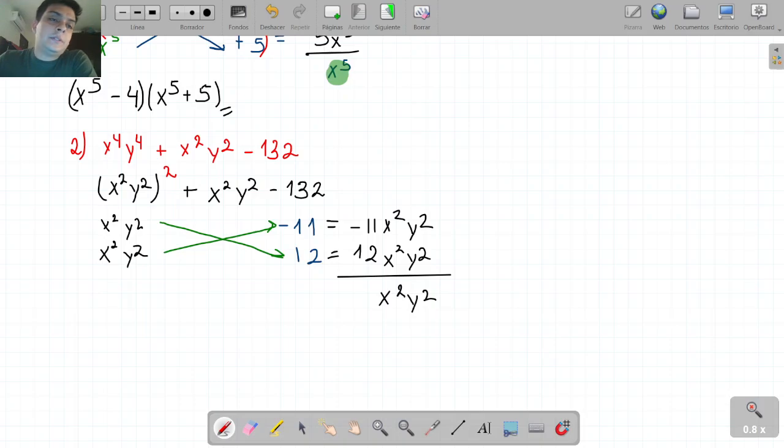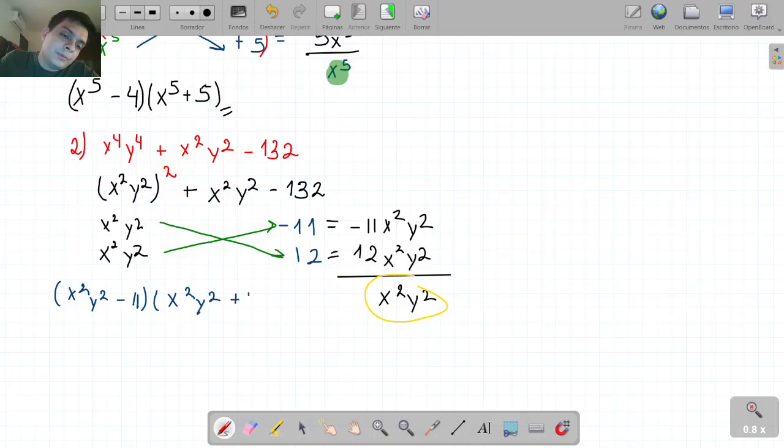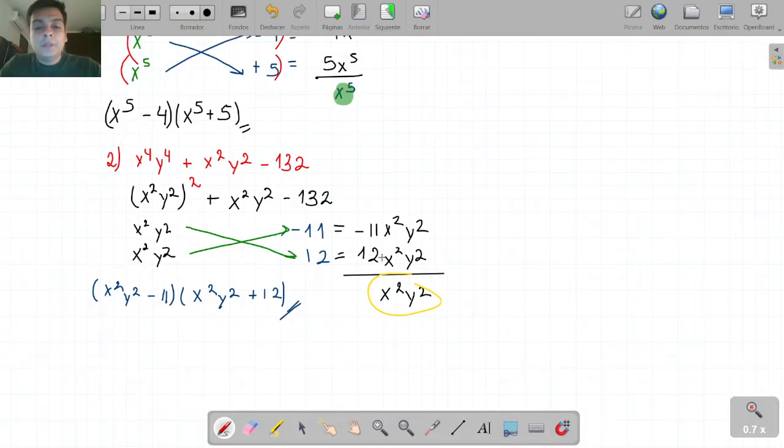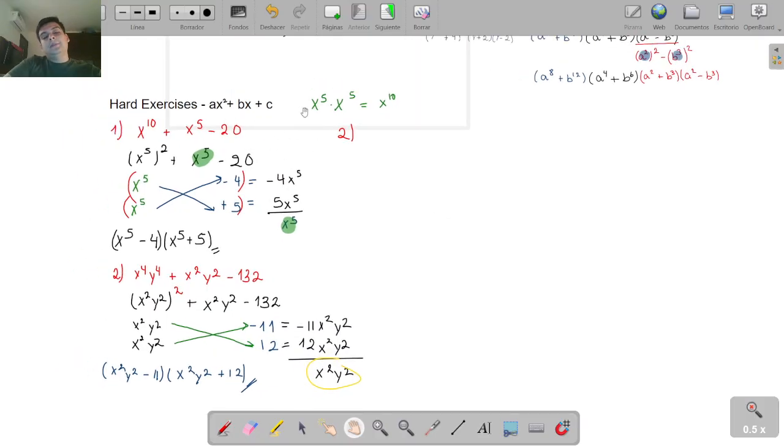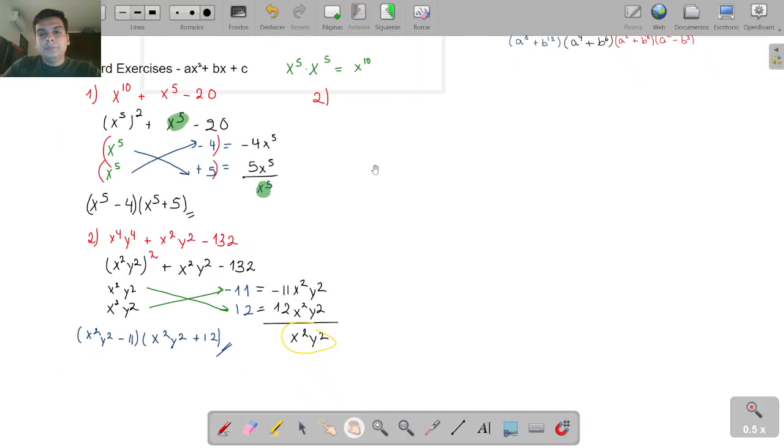Therefore, this is the same thing we have in the middle. Good. Then what is going to be the answer? Well, the factors are x squared y squared minus 11 times x squared y squared plus 12. This is the answer. This is like the hard versions of this type of factorization.